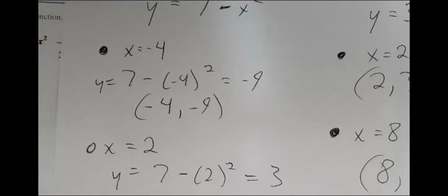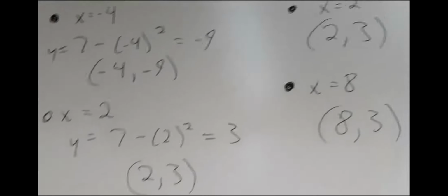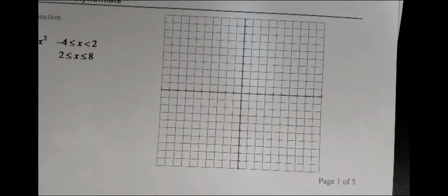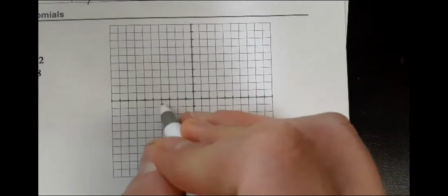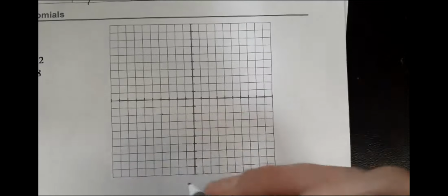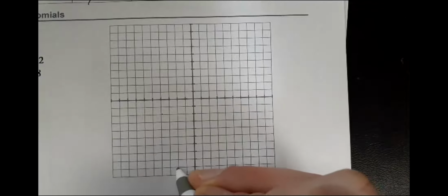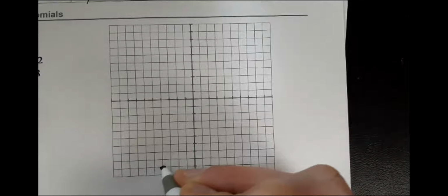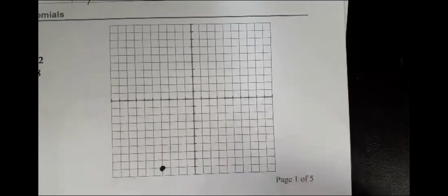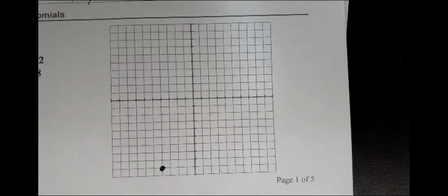I want to jump back to the graph and plot these points I just found. I'm going to plot these points at minus 4, minus 9. Solid, minus 4, minus 9. And then there's one open at 2, 3.